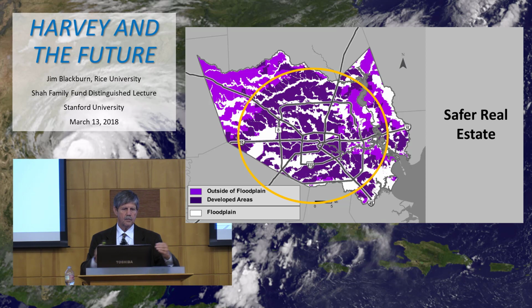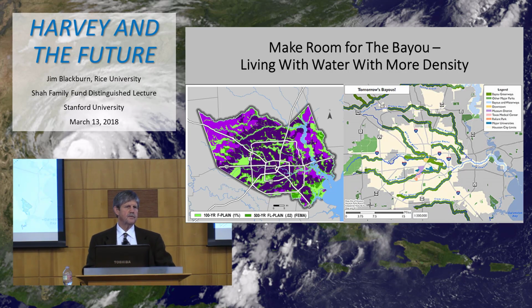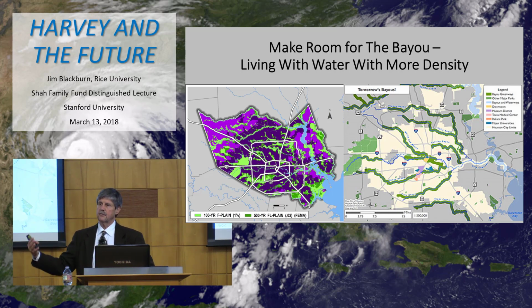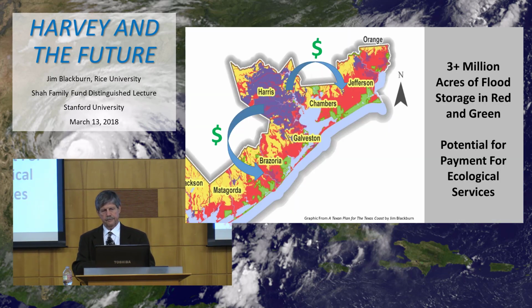If you put room for the river, you can integrate that into a green space system. This is a Bayou Greenways proposal on the far right-hand side that has been basically funded to the tune of $100 million to set up a trail and hiking system. You can integrate recreation with the green space and open space, making room for the river, and basically have a much safer, much sounder area.